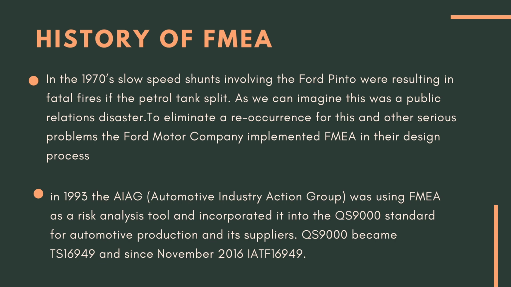In 1993, the AIAG, Automotive Industry Action Group, was using FMEA as a risk analysis tool and incorporated it into the QS 9000 standard for automotive production and its suppliers. QS 9000 became TS 16949, and since November 2016, IATF 16949.